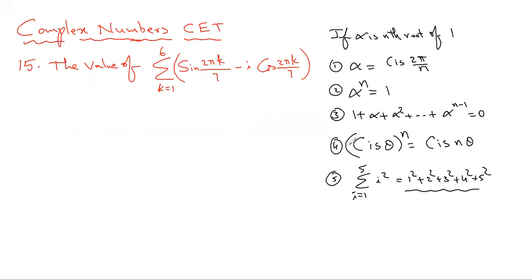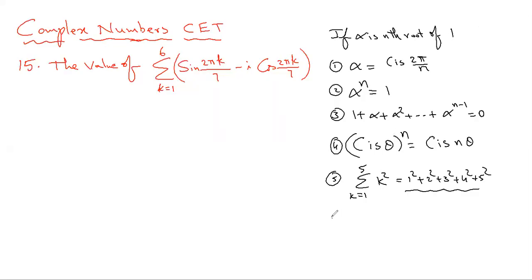I'll change the variable, because I is usually used for the imaginary number, to avoid confusion, I'll use k for this. Suppose k equal to 1 to 5, and then this is k square. Then this is the expansion. This you also need to know.